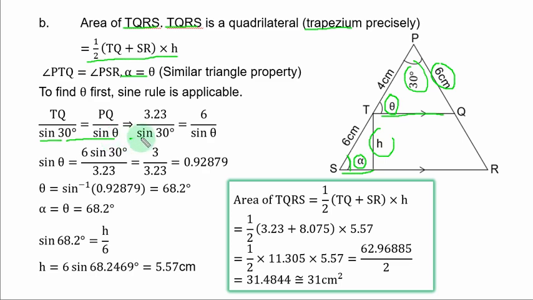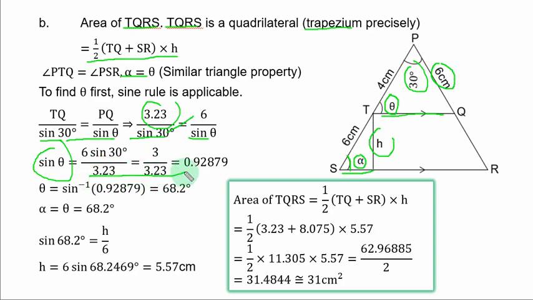You have the sine rule in this form. This implies that 3.23 for TQ over sine 30 degrees equal to PQ, that is 6 over sine theta. You make sine theta the subject, you multiply by this and divide by this term. That is what you have here.